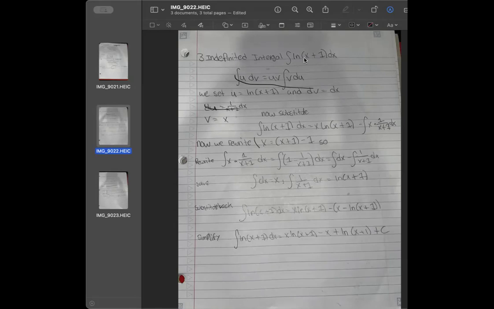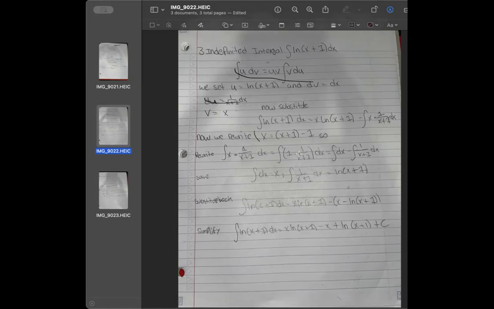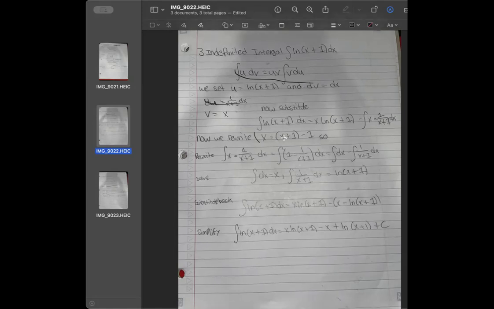Then du equals 1 over x plus 1 dx, and v is going to equal x. So what you do there is substitute everything into the formula, then you simplify it and rewrite it, replacing x with all this right here. Then you solve it, and this is what I got.